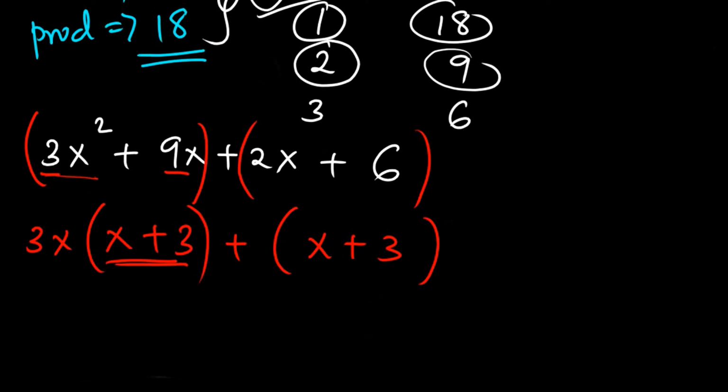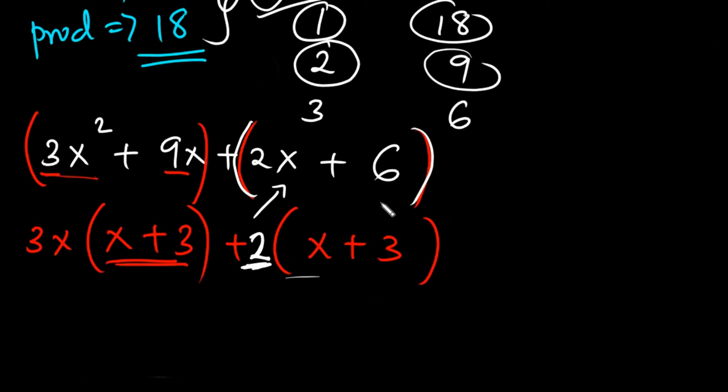And then we ask ourselves this question: what factor can we multiply this x plus 3 with to get this one? So just look at this. We can multiply it by 2. When we multiply it by 2, it's going to be 2x, okay, plus 2 times 3 is 6.